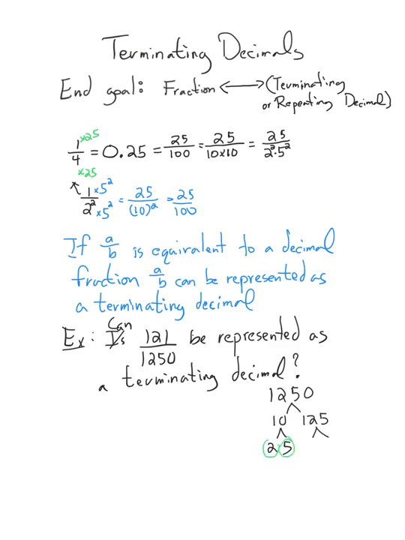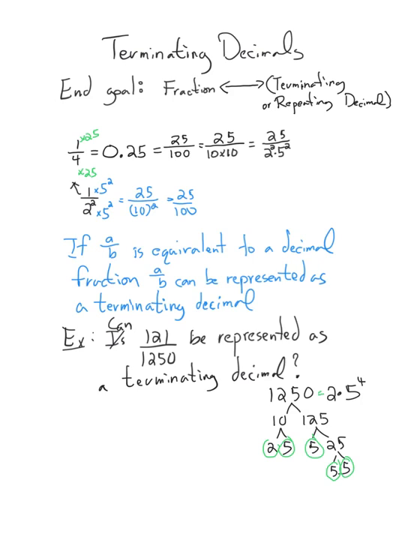And 125 is 5 times 25. 25 is 5 times 5. All of those are prime. So I can write 1250 as 2 times 5 to the, well, I have 1, 2, 3, 4 5s, so it's 5 to the power of 4.